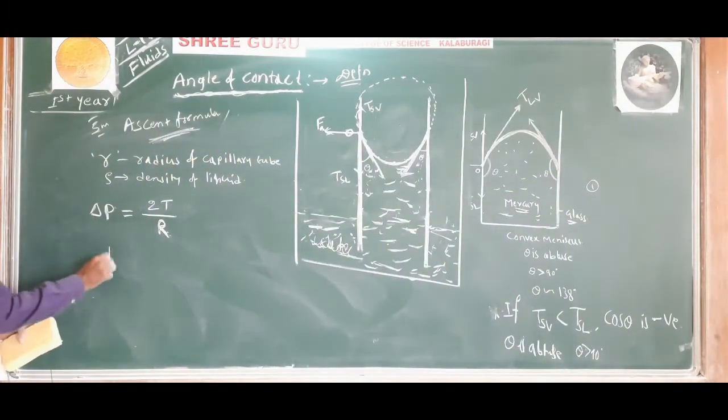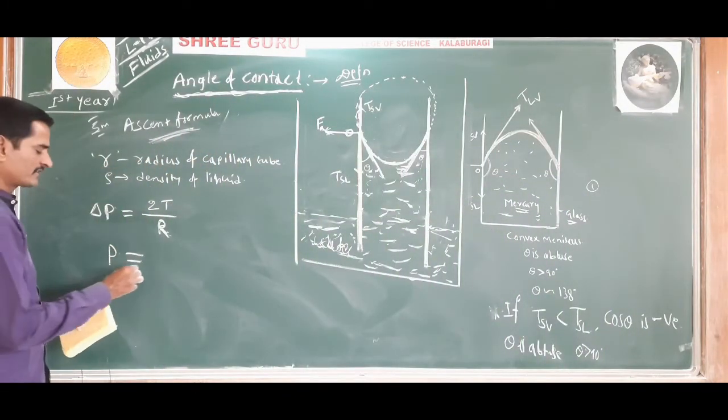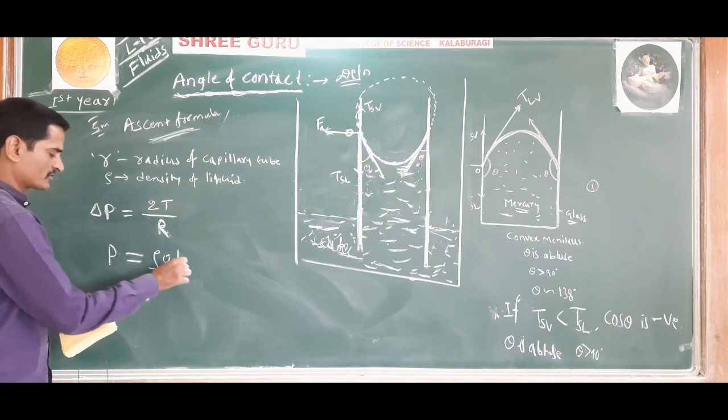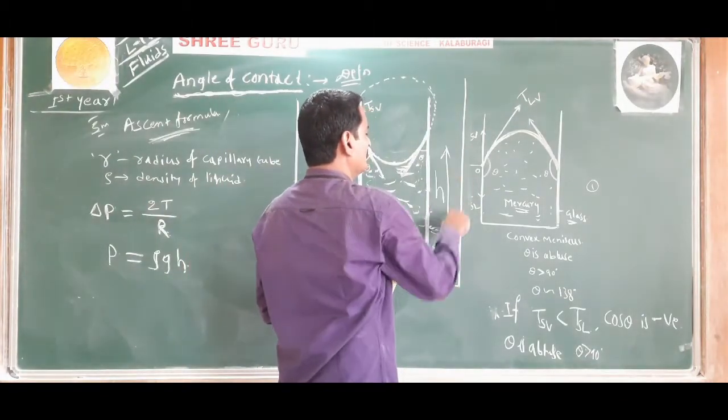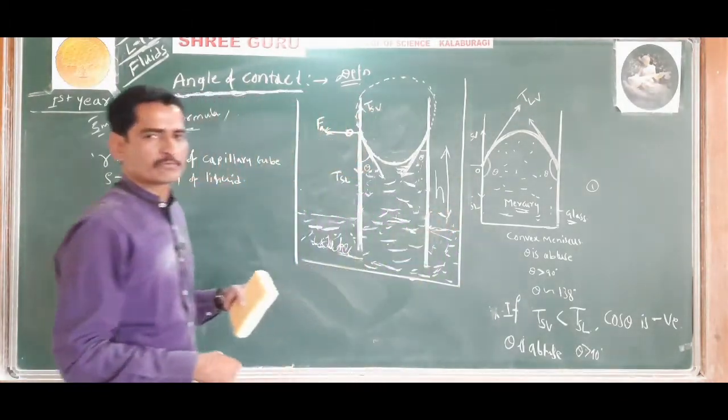The hydrostatic pressure inside the capillary tube is given by rho GH. Rho is the density of the liquid, G is the acceleration due to gravity, and H is the height to which the liquid rises.